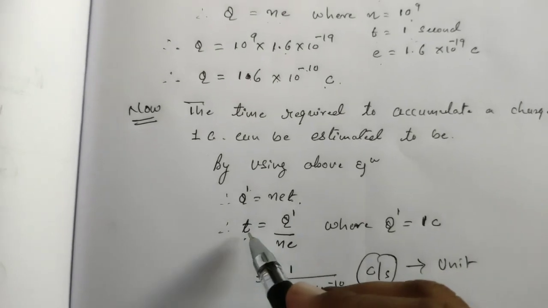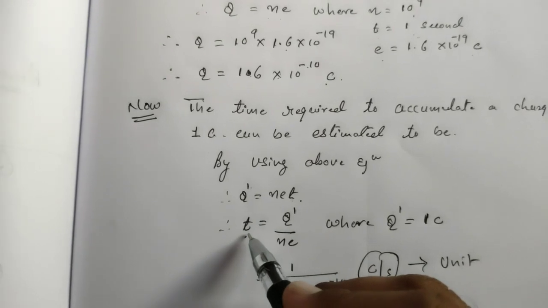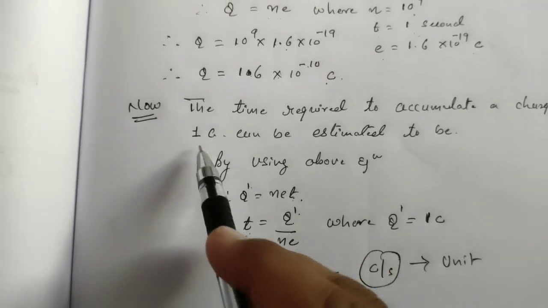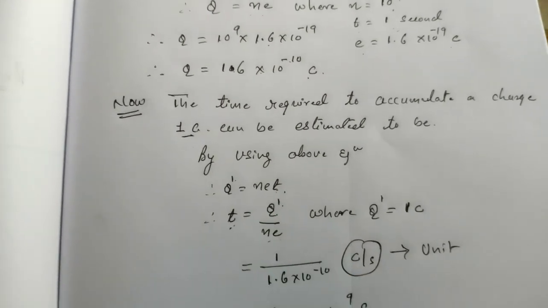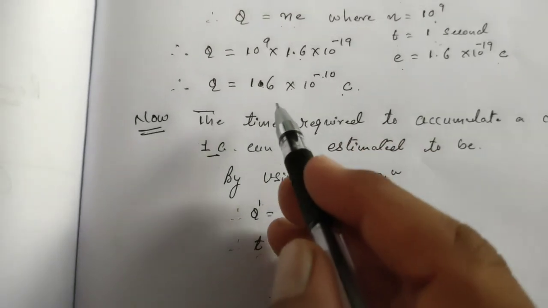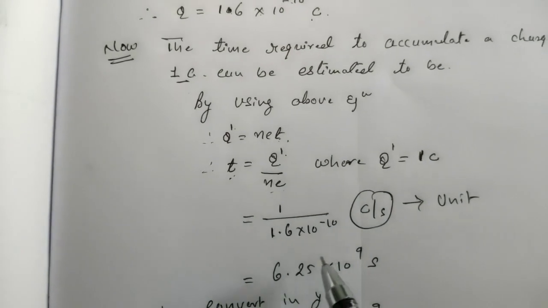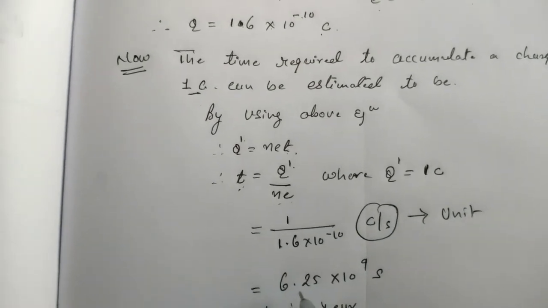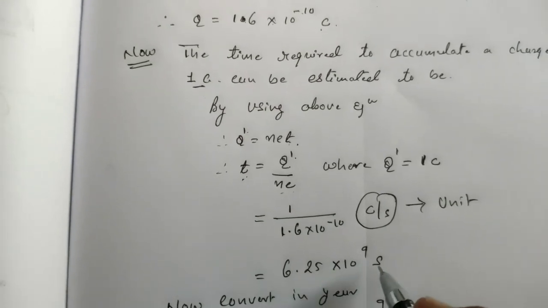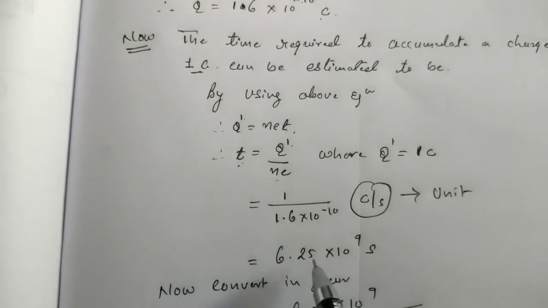Now by using quantization of charge, q dash equal to net, therefore t equal to q dash upon ne. Q dash is already given, we have 1 coulomb. So that 1 coulomb we put over here, and ne we already found, which is 1.6 into 10 raised to minus 10 coulomb, and we insert this value. So t equals 6.25 into 10 raised to 9 seconds. This is what is called the time.